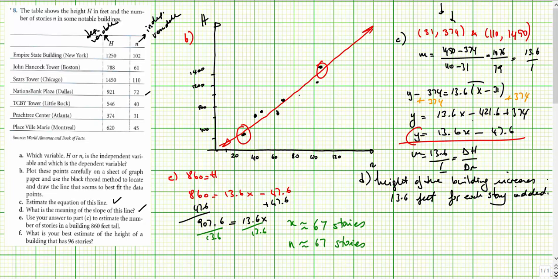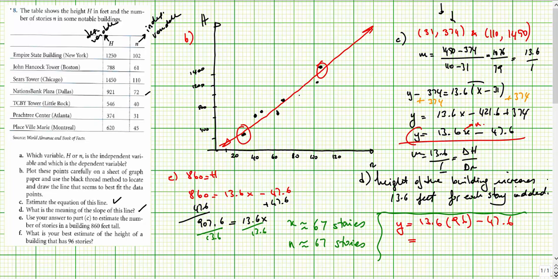For F, what is your best estimate of the height of the building that has 96 stories? So that will be y equals 13.6 times 96 minus 47.6. The number of stories given, x, is your n.